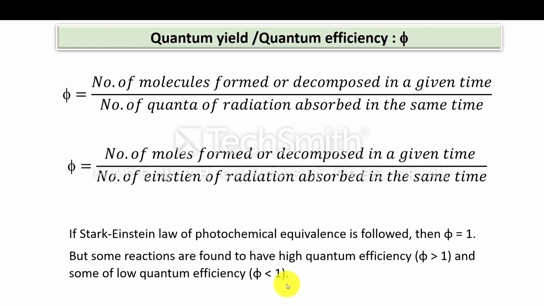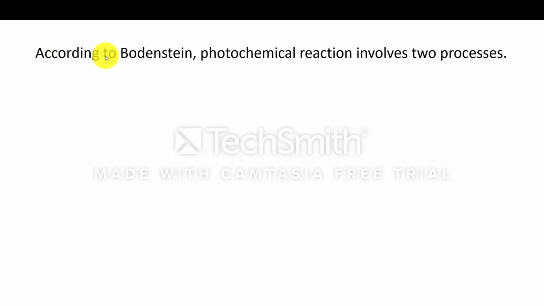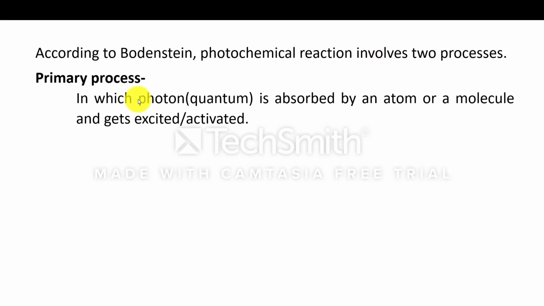What may be the reason for this? According to Bodenstein, every photochemical reaction involves two processes, primary process and secondary process. In primary process, an atom or a molecule absorbs a photon or quantum and gets excited or activated.